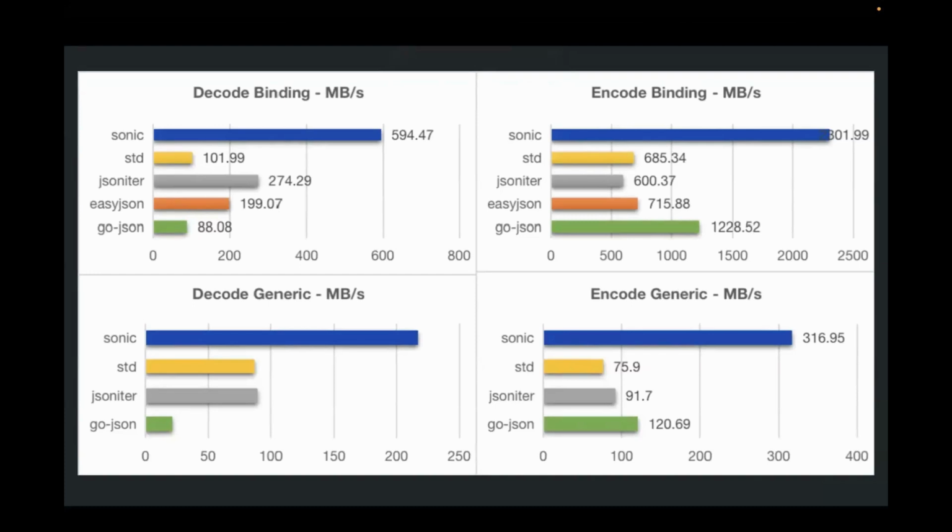For example, JSONiter is 3 to 4 times faster than the standard library. And Sonic from ByteDance, which is the company behind TikTok, they created a JIT compiler for JSON, which you can use as a drop-in replacement for standard library. And it is blazingly fast.